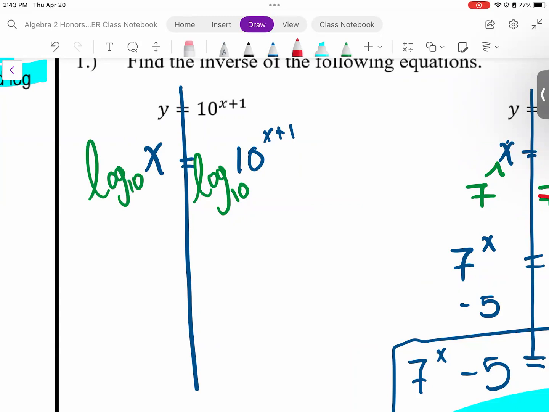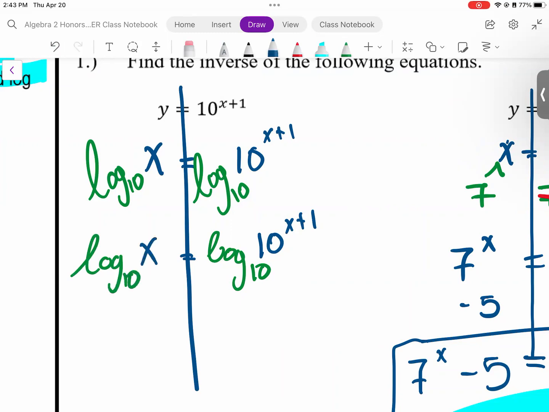Well, you got log base 10 of 10 to the power of x plus 1, and on the other side, log base 10 of x. Again, I'm just rewriting it so you can clearly see it.